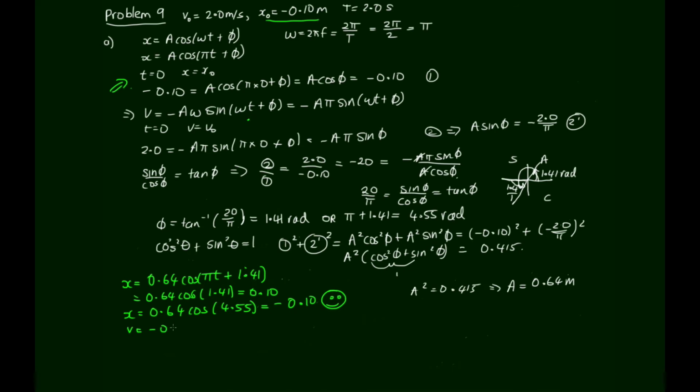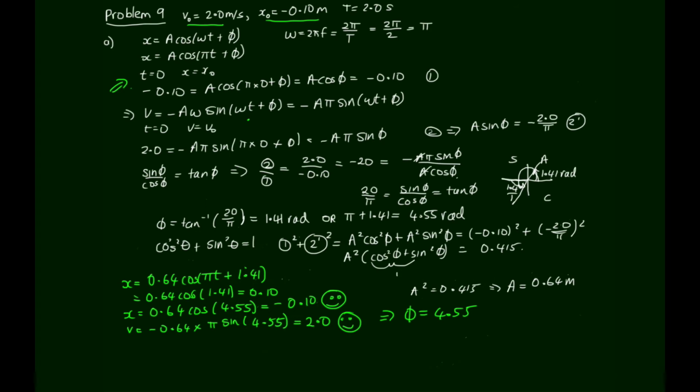So we've got minus 0.64 times omega, which is pi, times sine. Now, omega t, we're looking at t equals 0 here, and we've said phi is 4.55. And solving this one on the calculator, we end up with 2.0, and 2.0 is what we were told for the velocity. So we're also happy about that. So we've now worked out that phi is equal to 4.55.